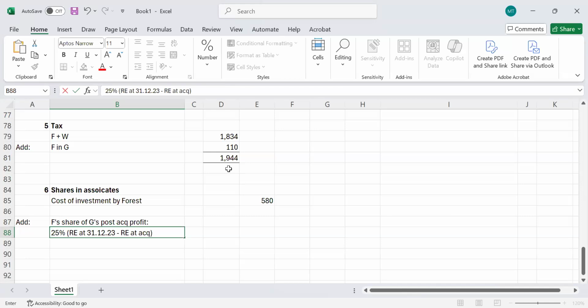Okay, so that's the formula. So retained earning at acquisition is not given. Don't worry, we can calculate that.